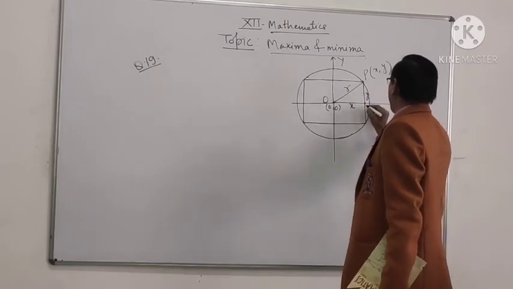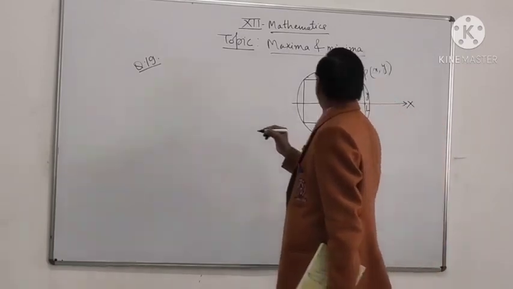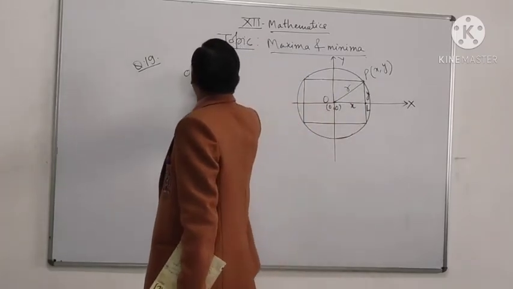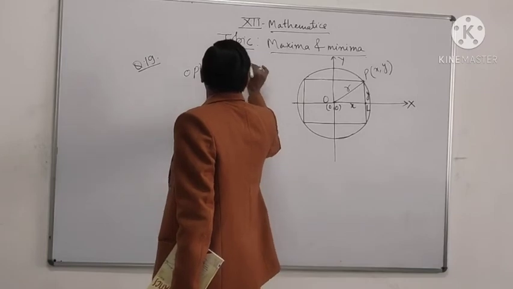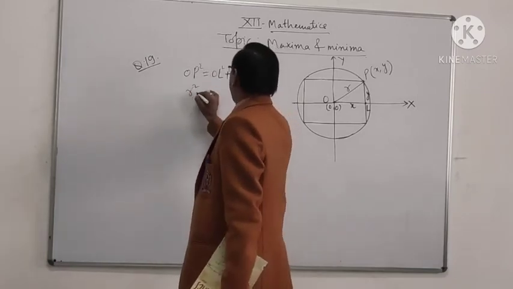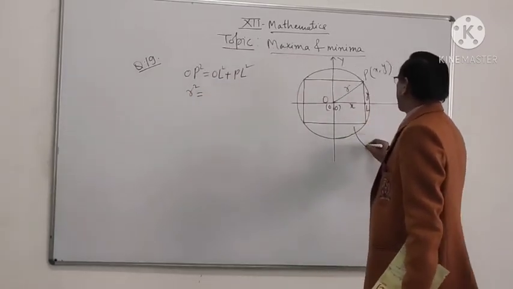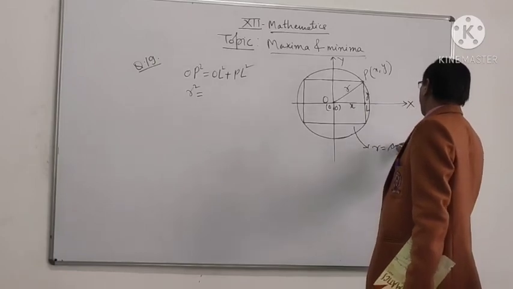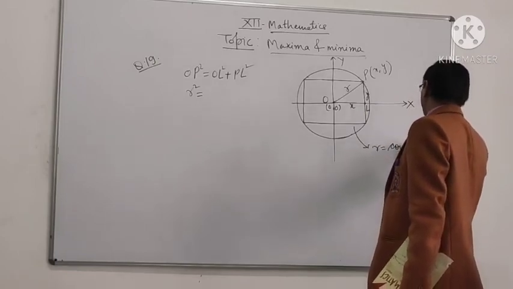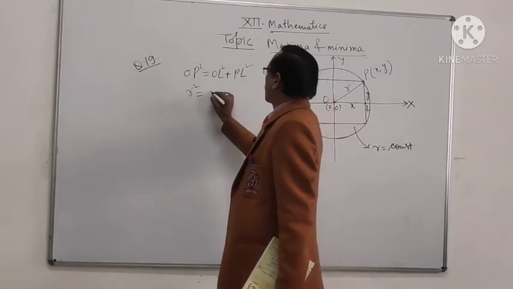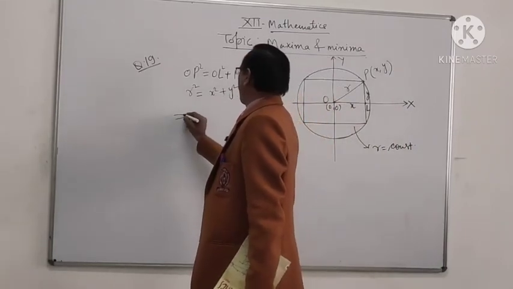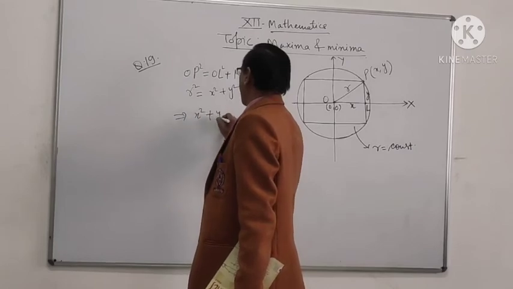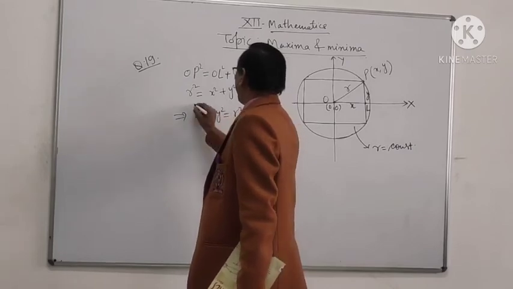Let it is L. So OP square equal to OL square plus PL square, and R square. Student, here circle is given, R equal to constant. It is x square plus y square. So we will get equation of circle x square plus y square equal to R square.